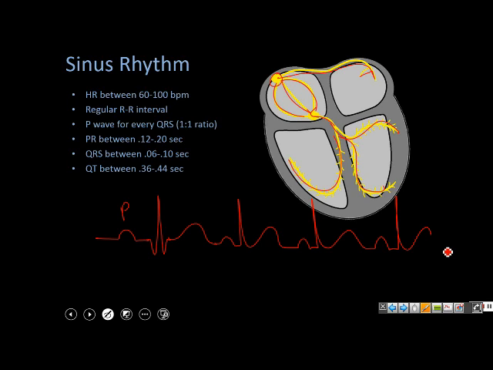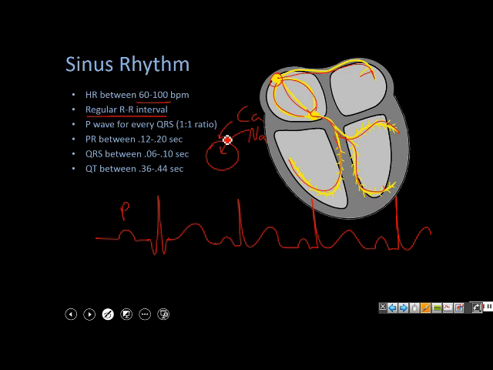Now, the SA node is the primary pacemaker, and it paces the heart in a regular way between 60 to 100 beats per minute. That's what's expected to be normal. Sinus rhythm also has a regular R to R interval, and it's regular because those pacemaker cells have sodium and calcium rushing into them at a pretty regular rate.